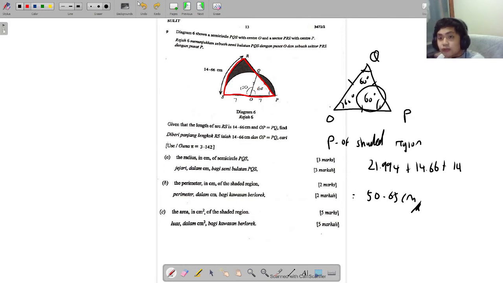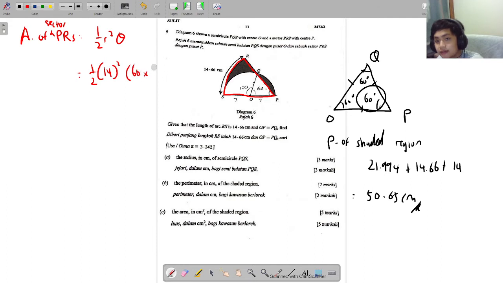So to find the entire area, the area of sector PRS is just half r squared theta. So half, r is 14 squared, theta is 60 times 3.142 over 180. So just calculating that, that is 102.639 cm squared.